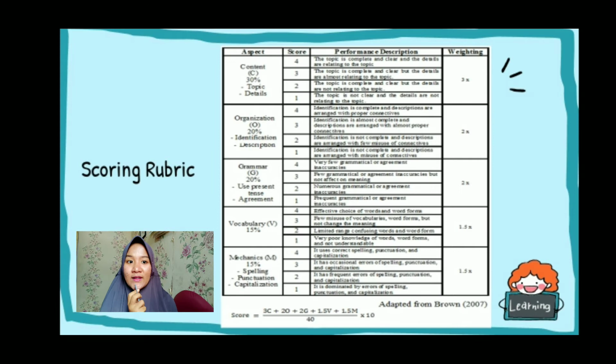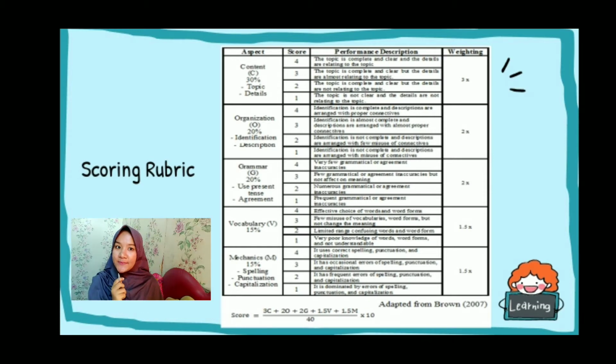As you can see here, there are 5 aspects of writing that should be scored, and each of them has their own percentage. The first aspect to assess is content. It has 30% of scoring system, and the second one is organization. It has 20% of scoring system, and the third one is grammar.